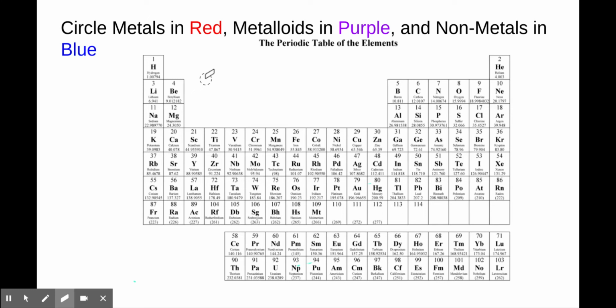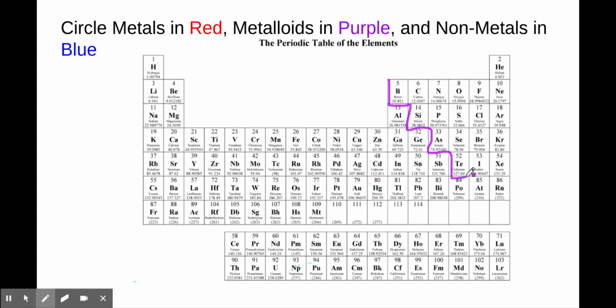One of the most important things to know about the periodic table, in just looking at elements and thinking about how they're going to interact with one another, is you need to know where the metals are, where the metalloids are, and where the nonmetals are. I'm actually going to start with the metalloids because that's kind of how you know it all. You might remember that there is a special staircase that you can draw along the periodic table right here.